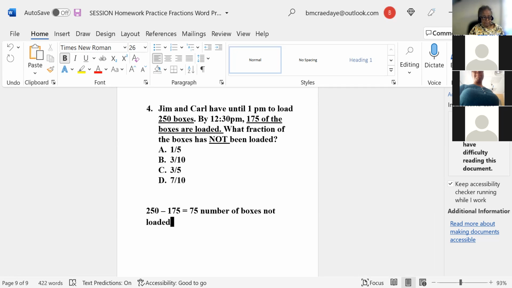Okay. Now, how would you find what that is as a fraction? So what I did was I think I put 0.75 into 250. Is that how I did it? I'm trying to remember. If 75 not loaded, 250 you need to load, how do you make the fraction of boxes not loaded?